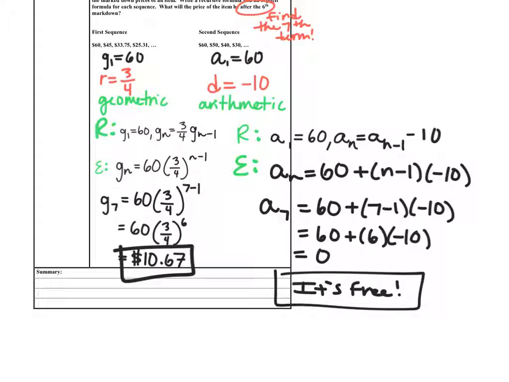So you want the arithmetic situation because then after 7 markdowns, it's free. Pretty good deal.